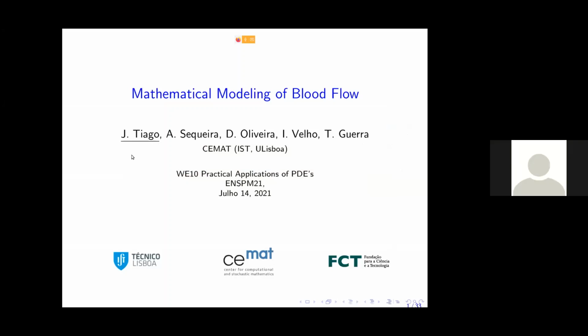Okay, so just a few words. Jorge Tiago is the main speaker of this section. I would like to thank you very much, Jorge, for accepting this invitation. Jorge is a member of CEMAT, Center for Computational and Stochastic Mathematics, and he is a professor at Instituto Superior Técnico.